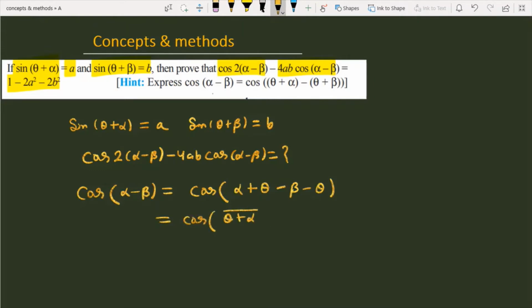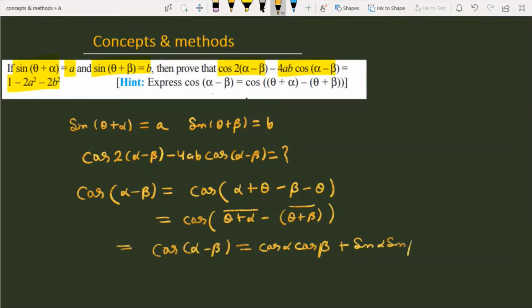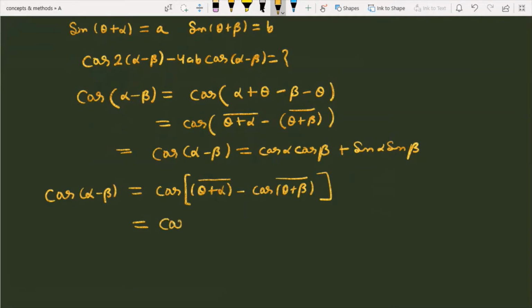The first term is θ + α, taking the minus common, the second becomes θ + β. Now use the identity cos(A − B) = cos A cos B + sin A sin B. It becomes cos(θ + α) cos(θ + β) + sin(θ + α) sin(θ + β).